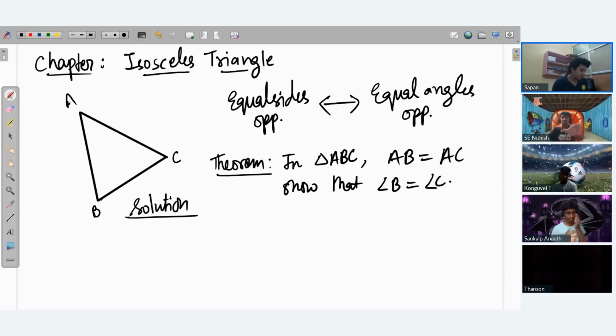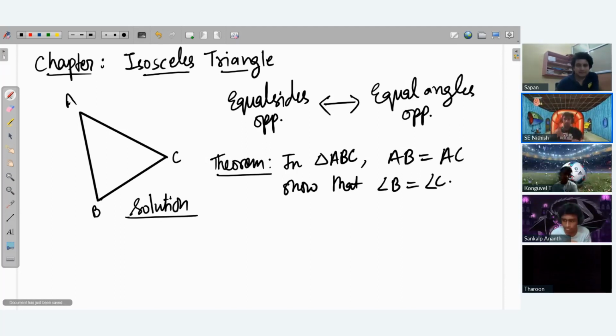If this is 60 centimeter, then this should also be 60 centimeter.